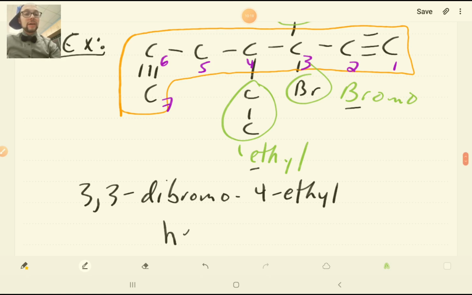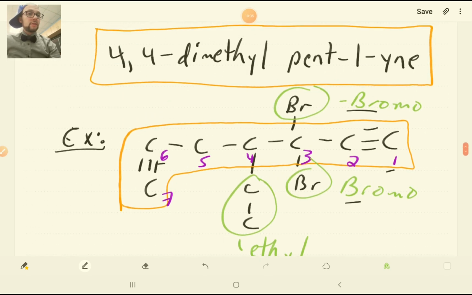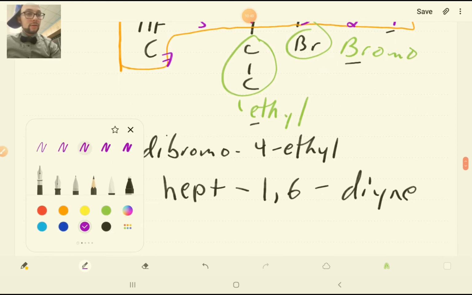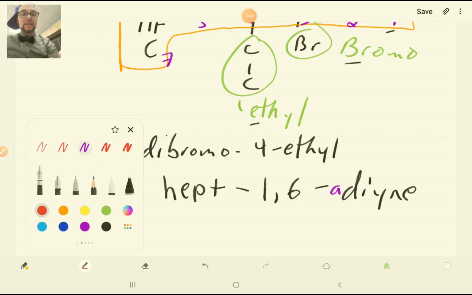So we're going to write hept dash 1 comma 6. We always take the lower number from each. 6, and then it's going to be diyne, or adiyne according to some, but the key word there is diyne.